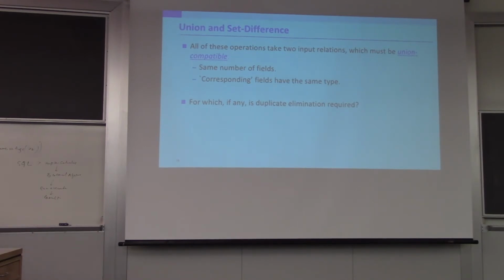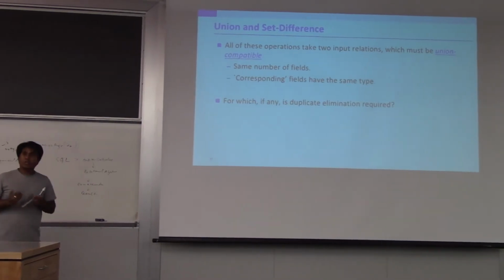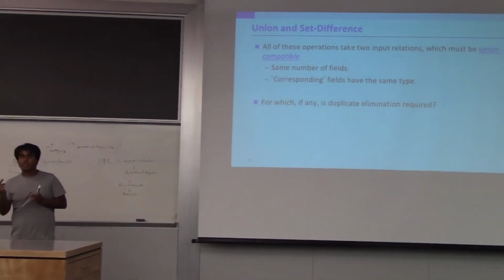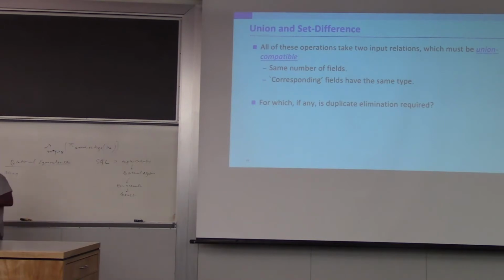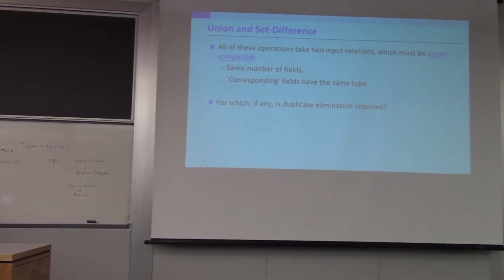One of the things we should keep in mind is that union is only possible when the two relational instances have the same schema. That means they have the same set of fields and the field types are also the same data type.